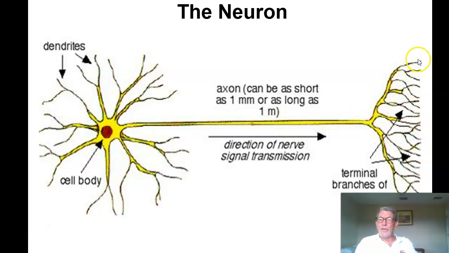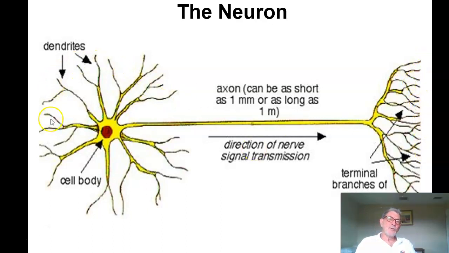Then it goes out into the axon terminals, and each one of these can turn on another cell. So if I get a signal from my brain that says I want to move my arm, enough sodium comes in here, opens enough channels to cause the signal to go down here. It goes out of here and it stimulates all of these leg muscle cells, and my leg contracts.